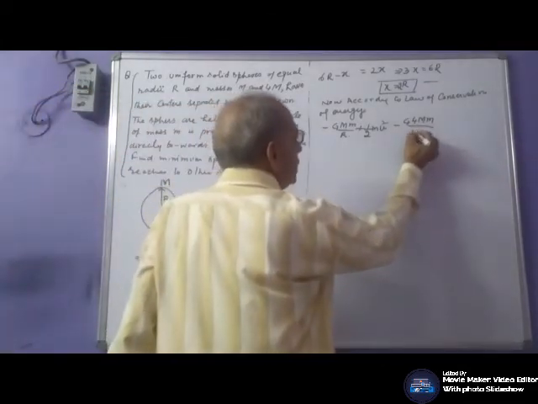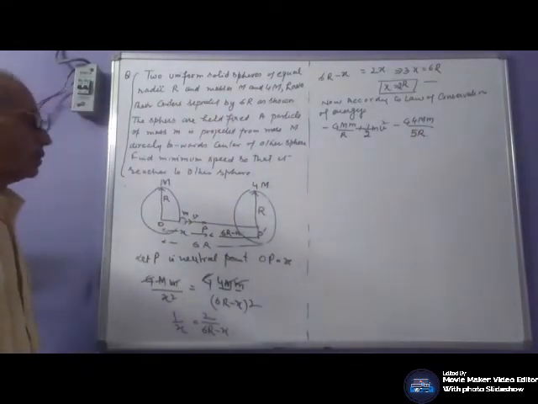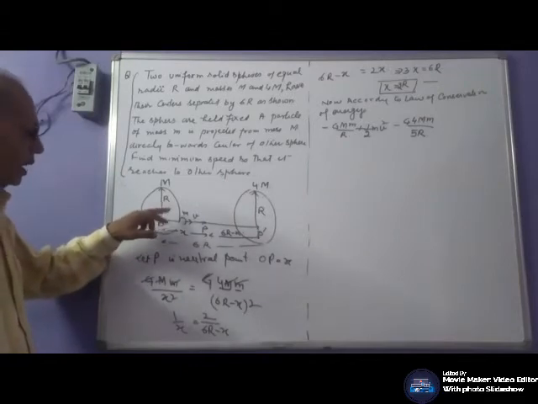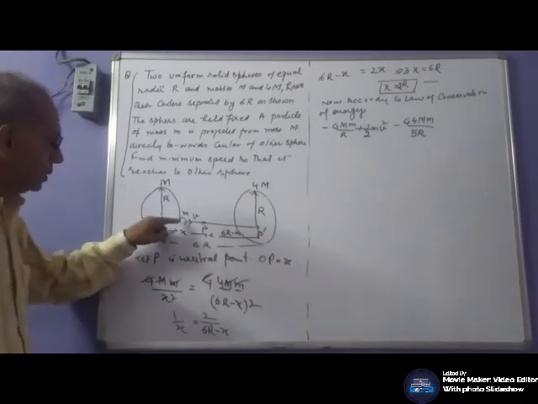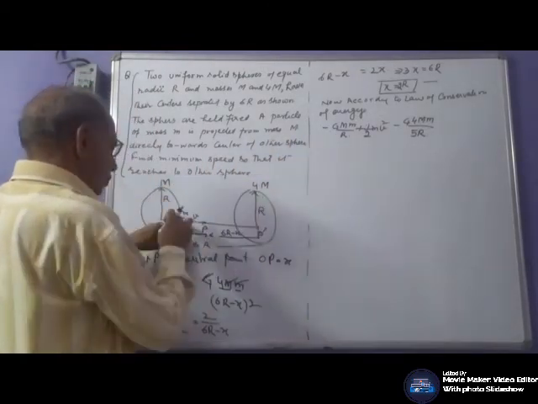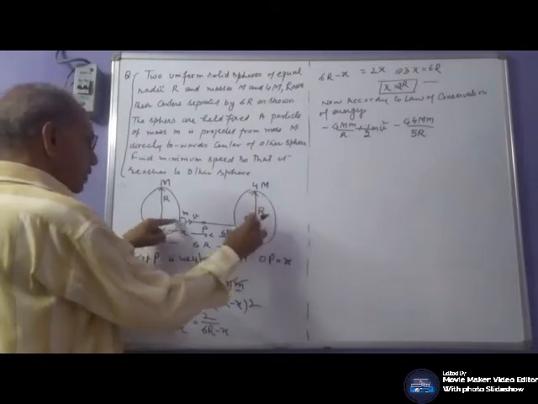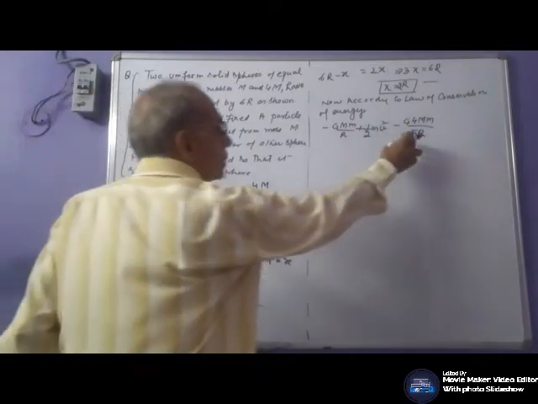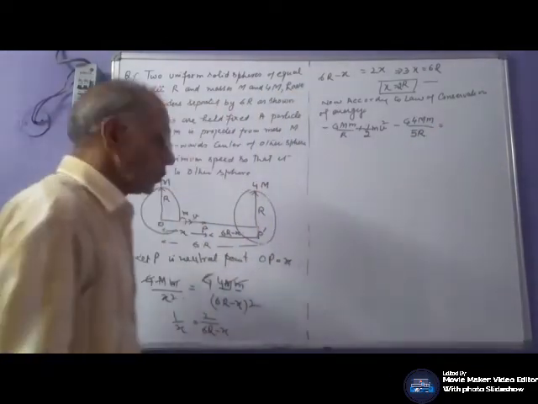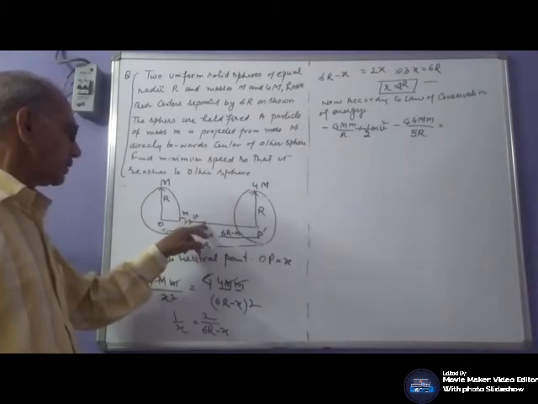So potential due to this sphere plus kinetic, with distance 5r, is equal to the energy at P, where the velocity becomes 0, so no kinetic energy.